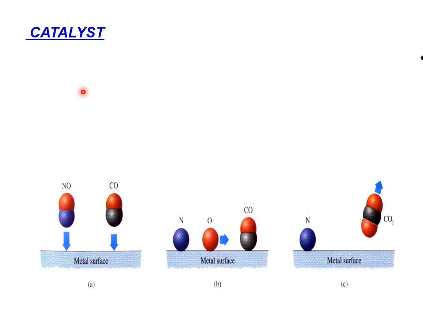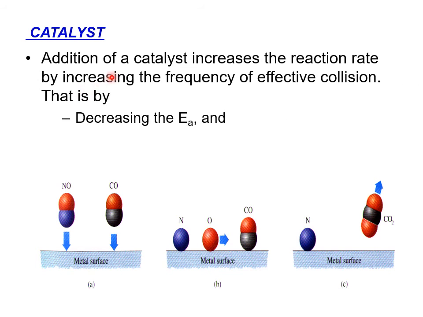Addition of catalyst also increases the rate of reaction by increasing the frequency of effective collision, because the catalyst also acts as a surface that can increase the collision. This is by decreasing the activation energy and having a correct orientation.